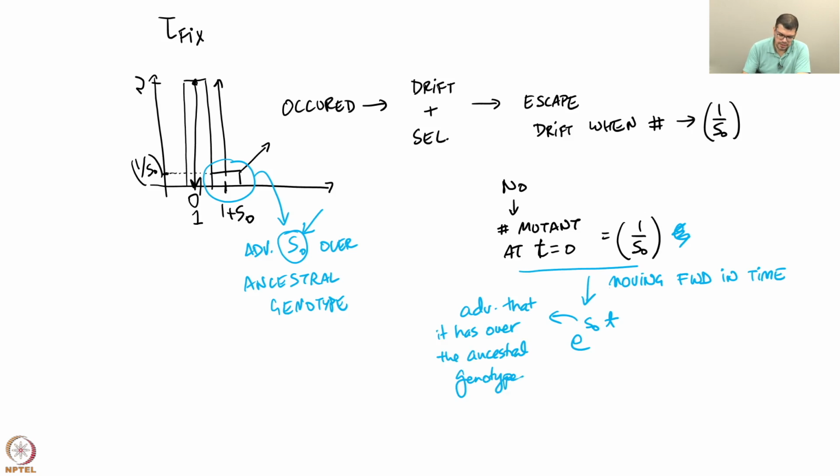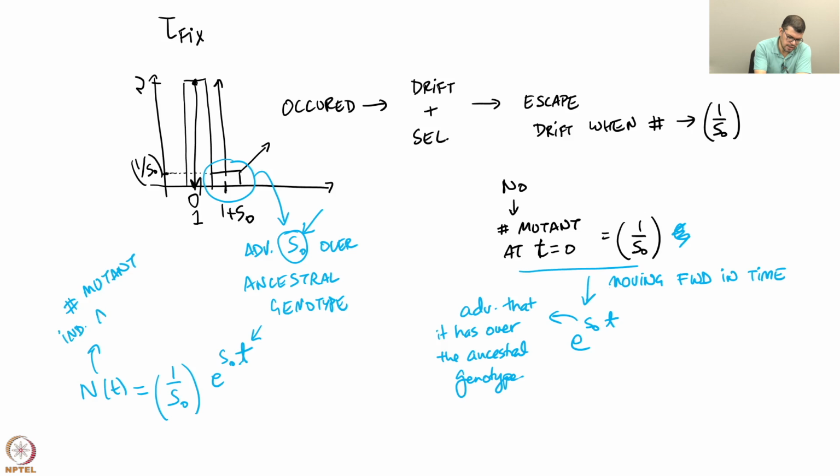What that means is that its numbers are going to increase as N naught e to the power S naught t. So if I want to find the number of individuals of this mutant genotype at any particular time t, I simply plug that here, and that gives me N t, which is the number of mutant individuals at any time t.